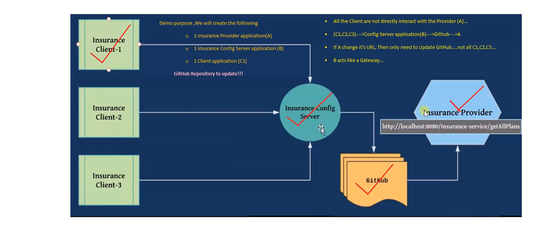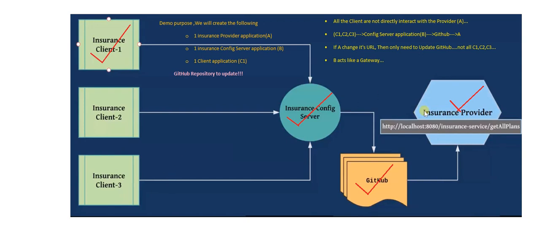Here are Spring Boot applications 1, 2, 3, and this is also a Spring Boot application. This is not an application, it's just a repository, and this is also a Spring Boot application. So how many applications are there? 1, 2, 3, 4, 5. For 3 clients we have 5 applications.